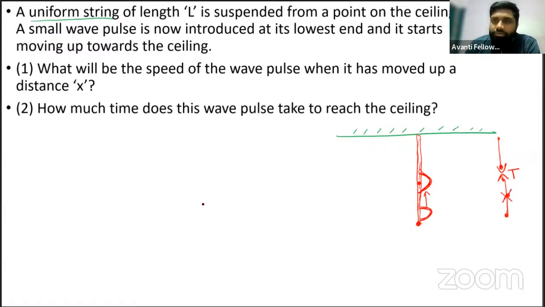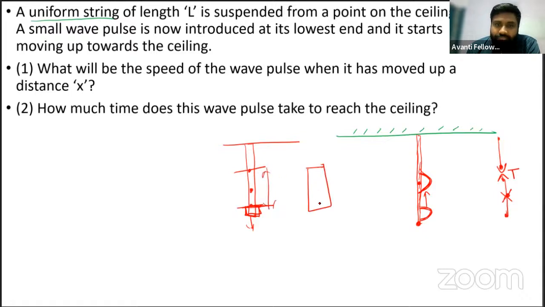Now, I have told you in the mechanical properties of solids that in a wire or in a rope, the tension depends on position. If you want to calculate the tension developed at this part, only the portion below this part will apply a tension due to its weight. The portion on the lower side is responsible for the tension in the upper side.